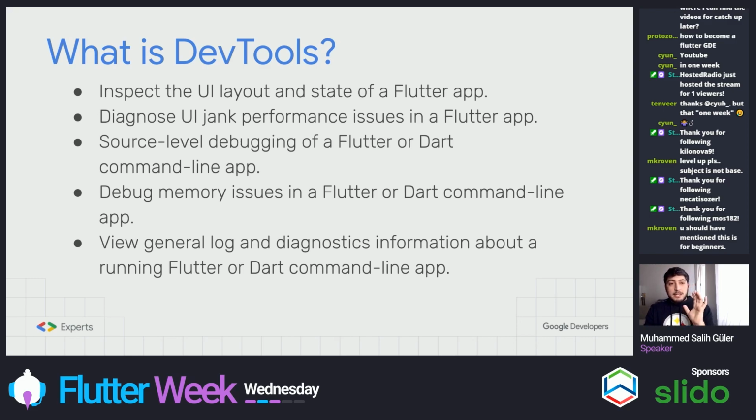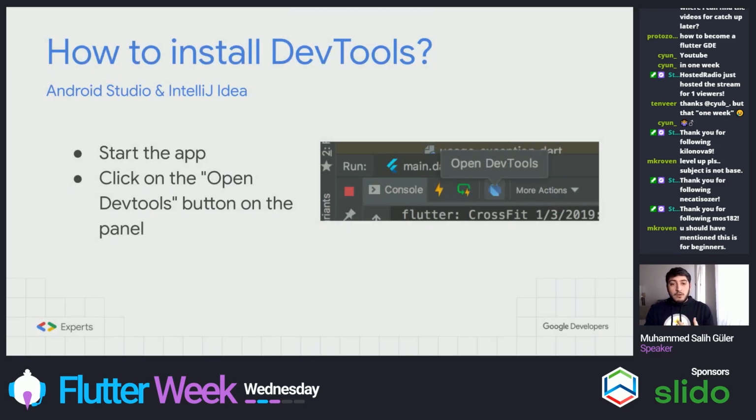Now we will see how you can install the developer tools. To make things easier, the Flutter team implemented ways for you to run the developer tools directly out of the box from your IDE. If you're using Android Studio or IntelliJ IDEA, you will probably see an open developer tools button or an option inside your Flutter inspector.